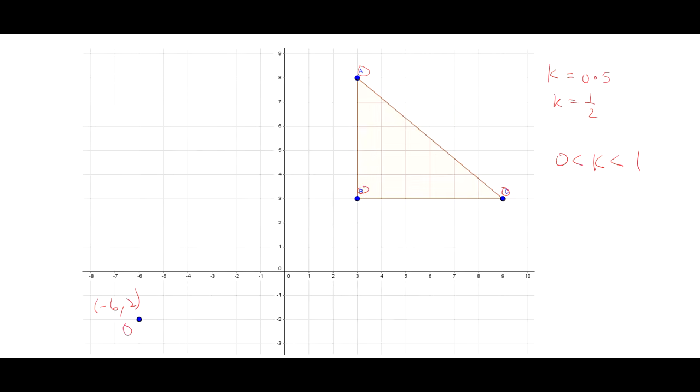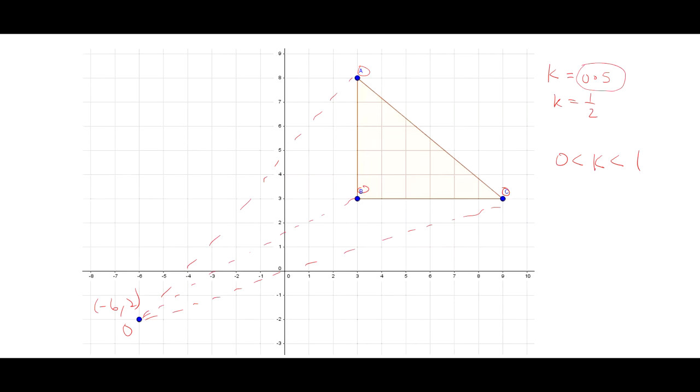So we label this as O, and we are going to do the same thing again. I'm going to draw a line OA, draw a line OB, and draw a line OC. Now here's the thing. The scale factor is a half, right?